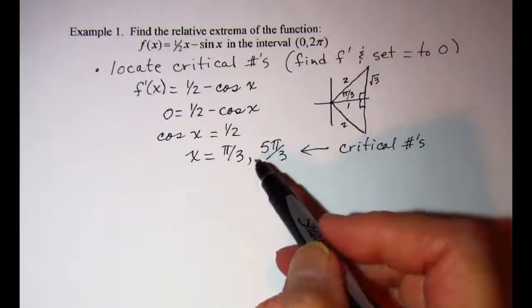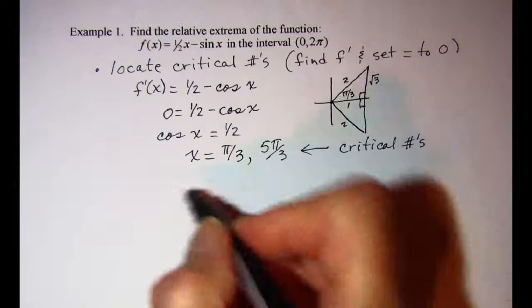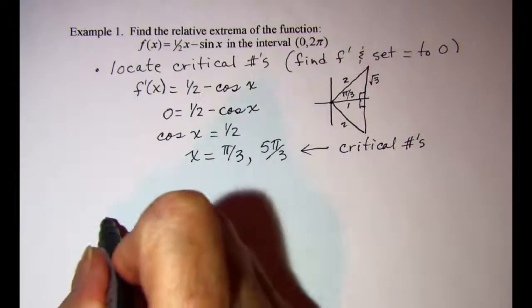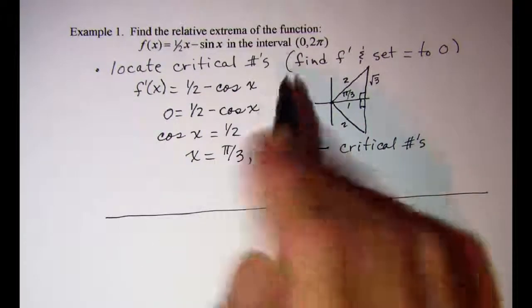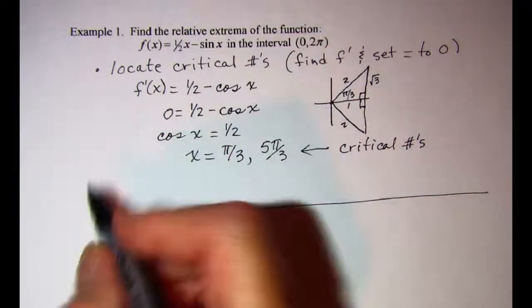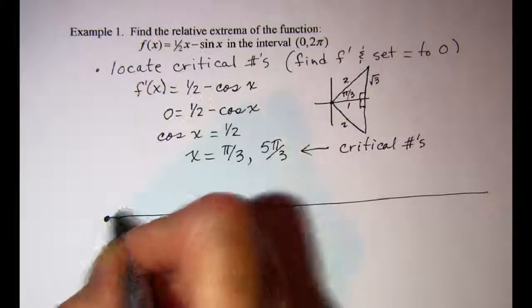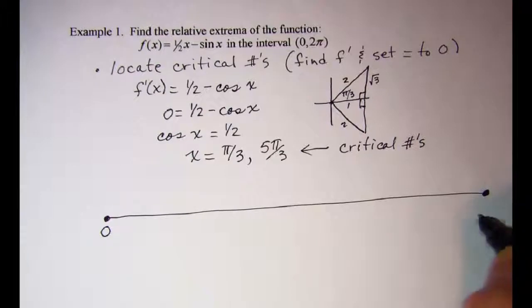Now these critical numbers determine the intervals, so I'm going to draw my number line. My interval that I'm working with is from 0 to 2 pi, so I can label those endpoints as 0 and 2 pi.